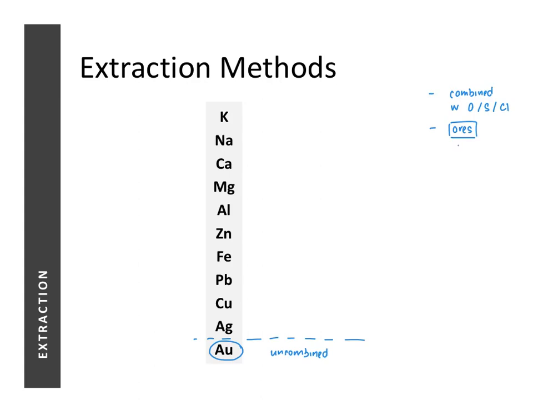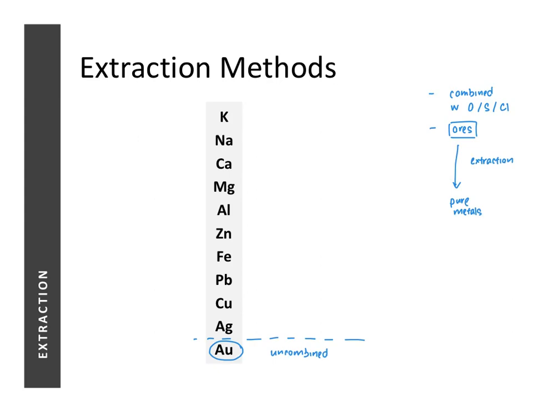And in order for us to get the pure metal from the ores, we need to subject the ores to some extraction methods. We need to extract the metal out from the compound.